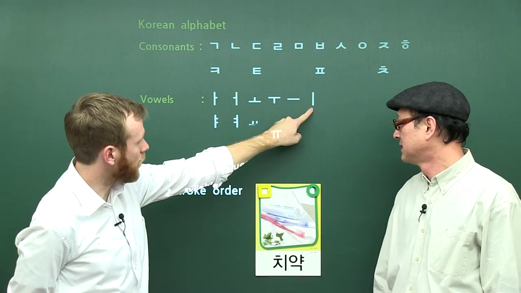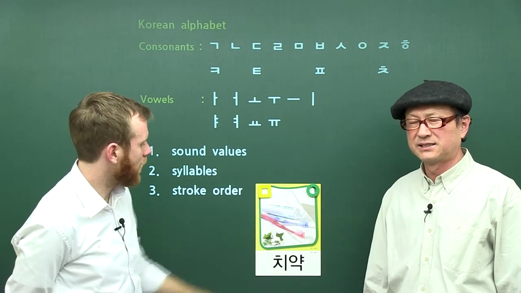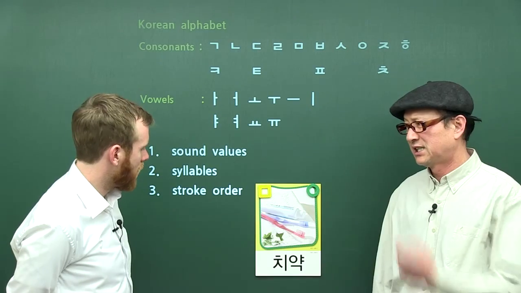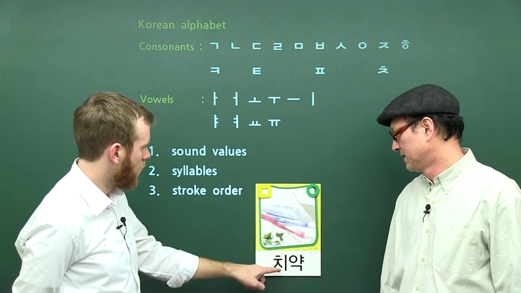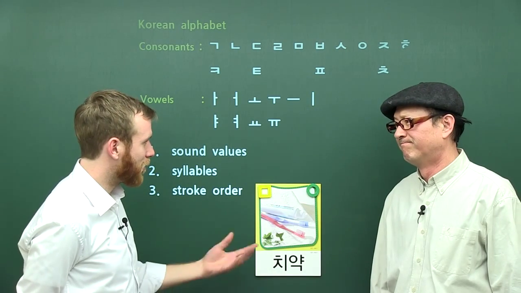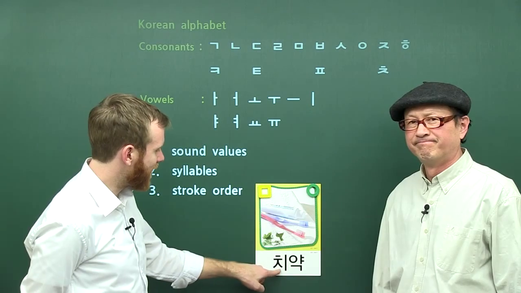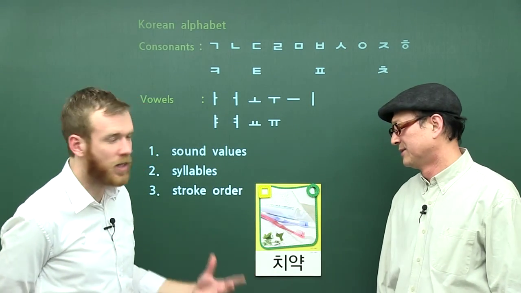Chi. So it's with our E vowel. Chi, yak. 약. Medicine. Right. 치. Chi, teeth or tooth, right? So it's like saying tooth medicine or medicine for teeth. So chi, yak. 치약. And yak by itself means medicine.